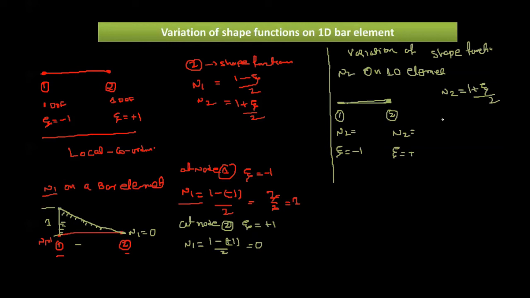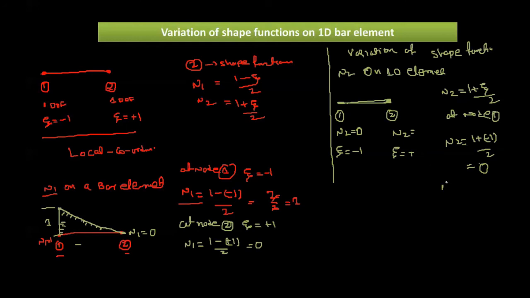At node 1, N2 is equal to 1 plus zeta, that is minus 1, divided by 2. Plus into minus becomes minus, so 1 minus 1 becomes 0, and 0 by 2 is equal to 0. So the N2 value at nodal point 1 is 0.